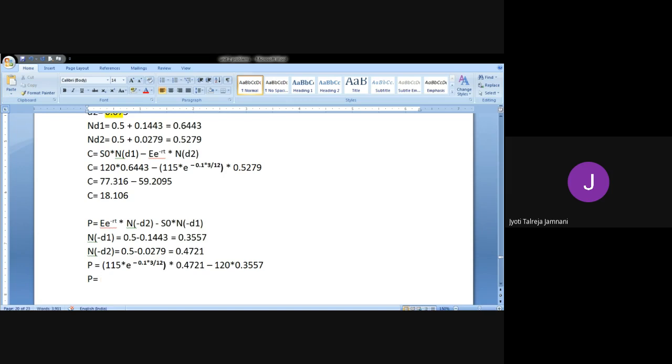After finding the present value, you get 52.95 minus 120 into 0.3557, which is 42.684. So if you subtract both, you get the value of the put option as 10.266.